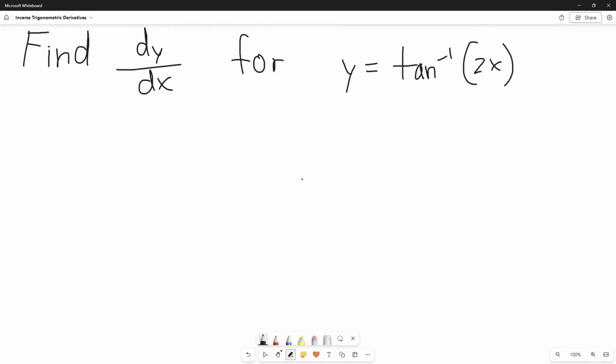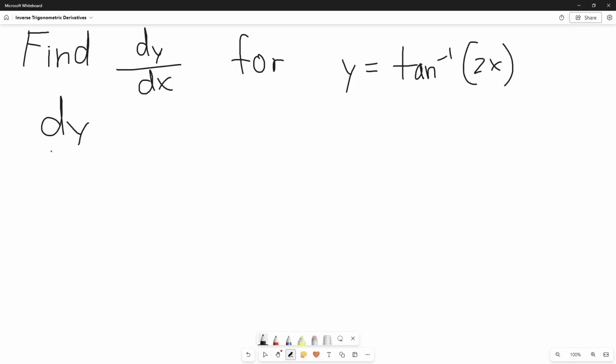Now, let's get into some practice problems. If you think you know how to do this one, then pause the video and try it. This problem says, find dy over dx for y equals inverse tan of 2x. And now this one's also not different. You can just use the chain rule, considering you should already know what the derivative of inverse tan is.